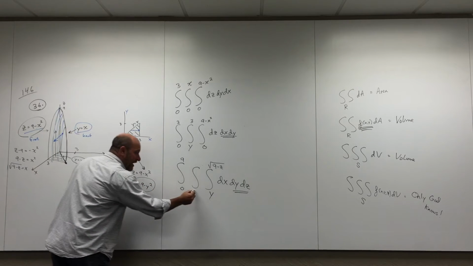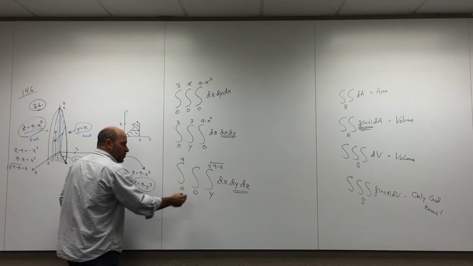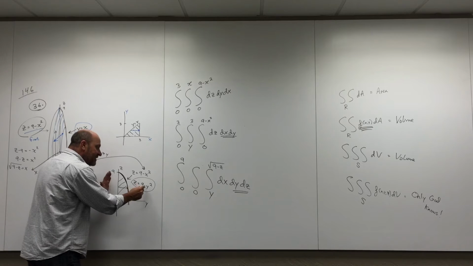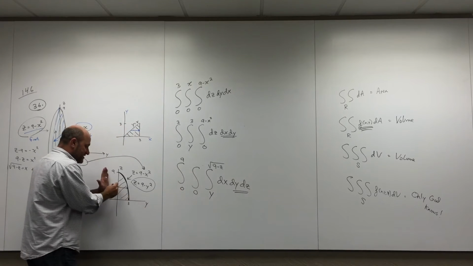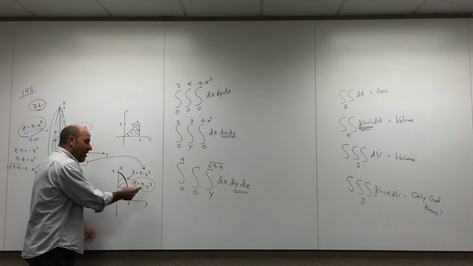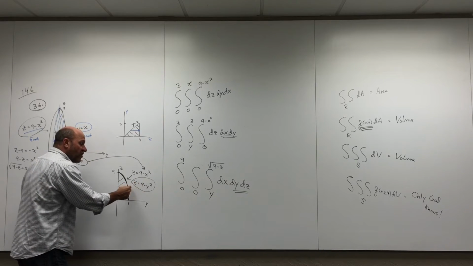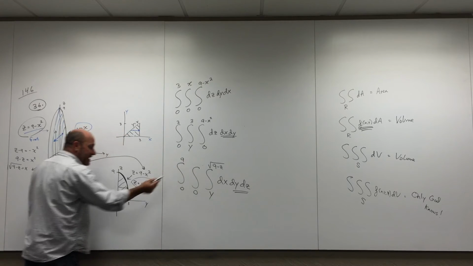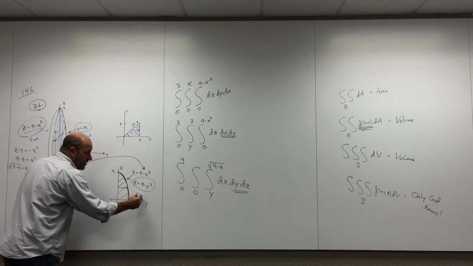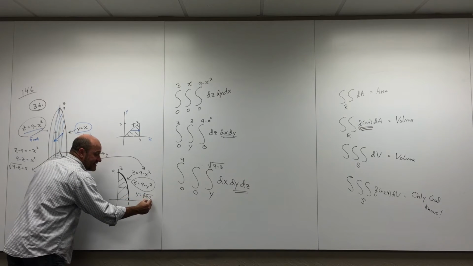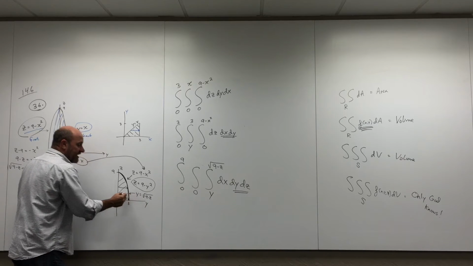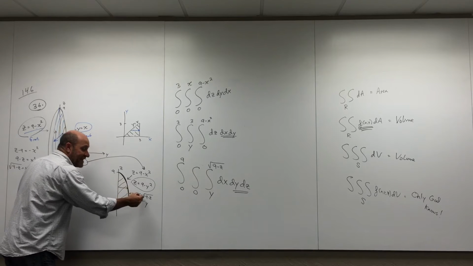Well, yes, it's 0 to 9 minus y squared, but I have to name it y equals some function of z. If I solve for y in terms of z, it'll be the square root of 9 minus z, I think. That's what I need: this y equals 0 to this y equals this.